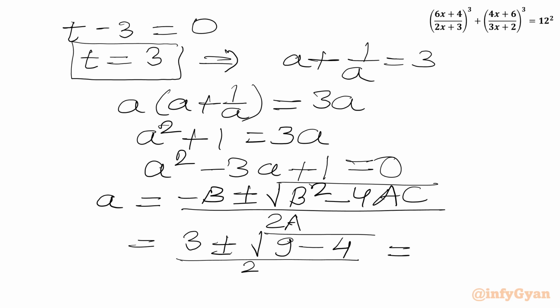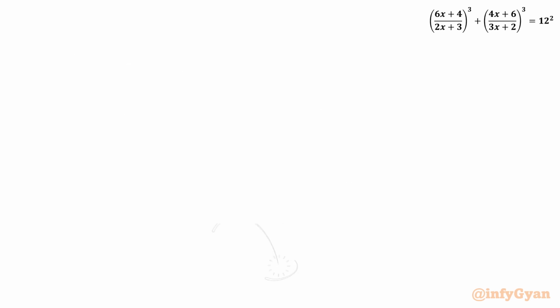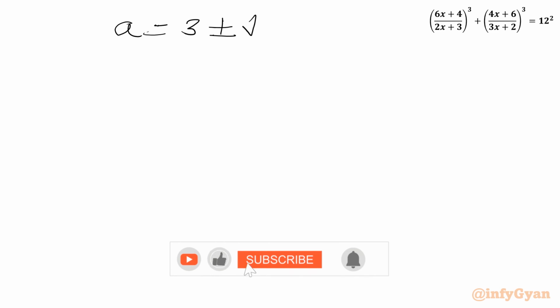So we will be getting 3 plus minus square root 5 over 2. Two values of a. A was again our substitution. So a equal to 3 plus minus square root 5 over 2.